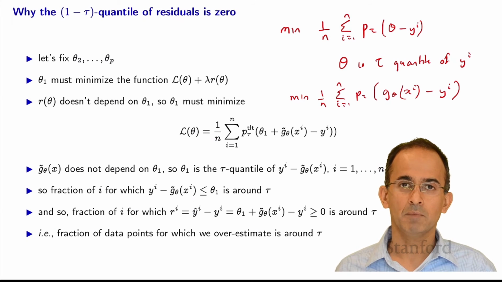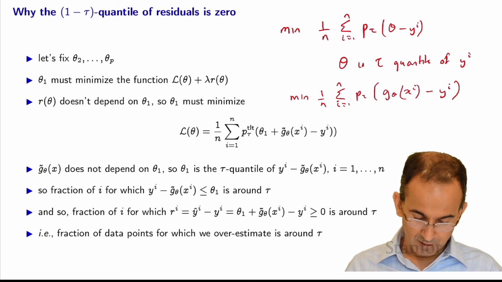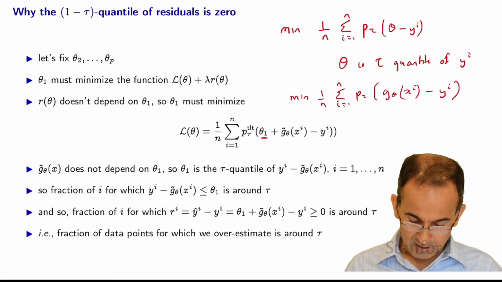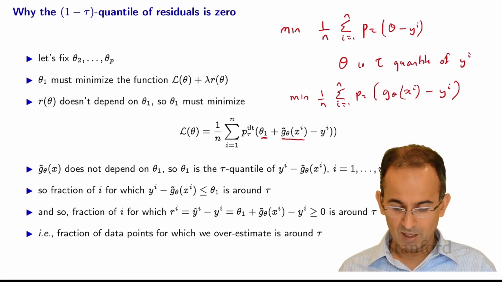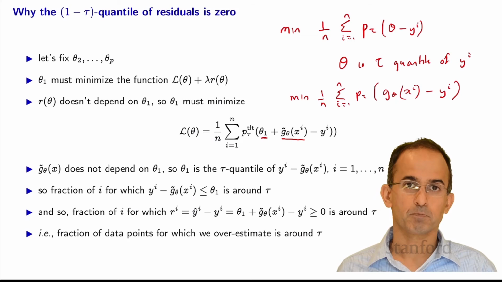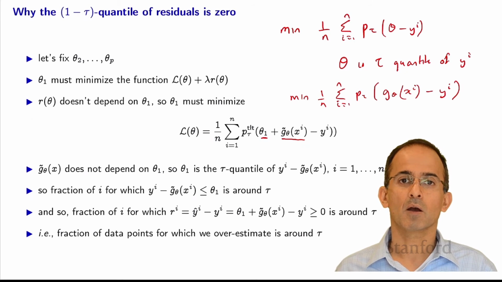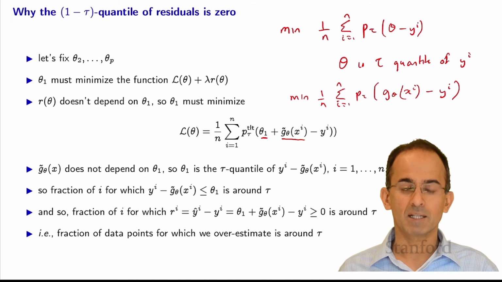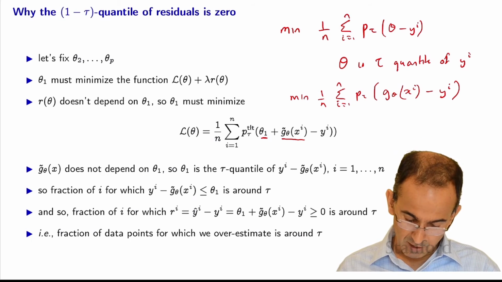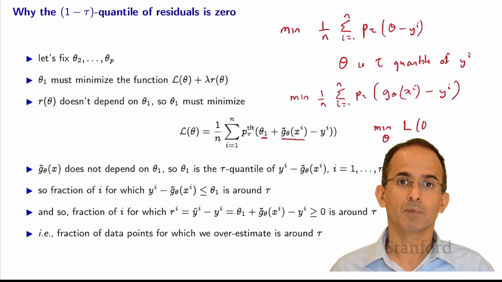So that's not quite the same, but let's split it up by using the property of g theta. And that is that g theta is theta 1 plus g tilde theta of xi minus yi. And we're going to minimize this over theta. And that means our problem is minimize over theta, L of theta.